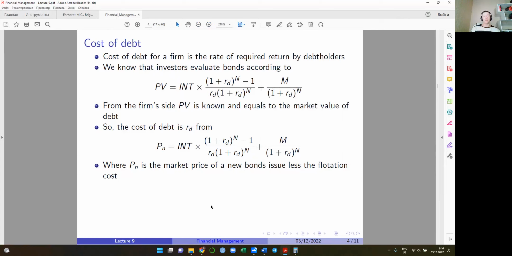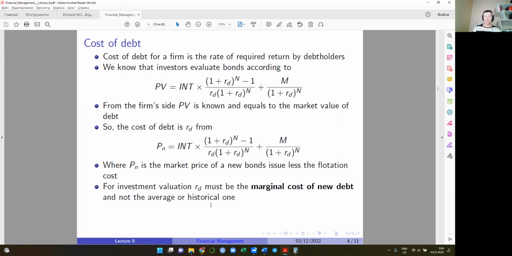Now, an additional thing here. For investment valuation, RD must be the marginal cost of new debt. It is not the average, it is not the historical one. This is very important. We are talking about the new debt.